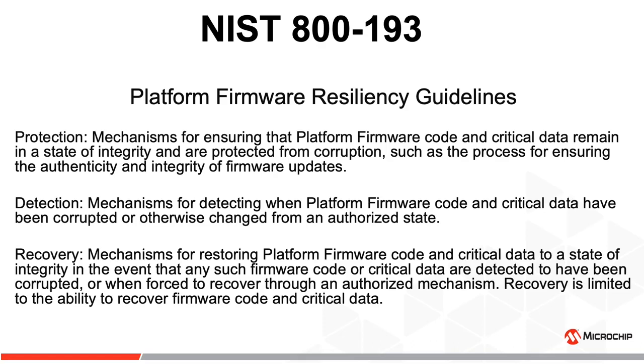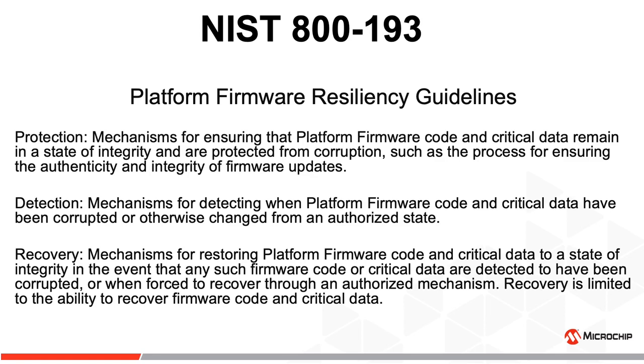As defined by the NIST 800-193 guideline, protection is what mechanisms are in place for ensuring that the platform firmware, the code, and the critical data remain in a state of integrity, which means that they are protected from corruption in the case of events. So you can do that by ensuring both authenticity and integrity of firmware updates, not only during the boot up process, but also during the update process.